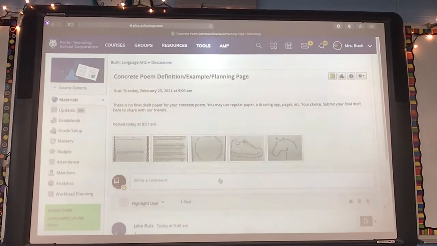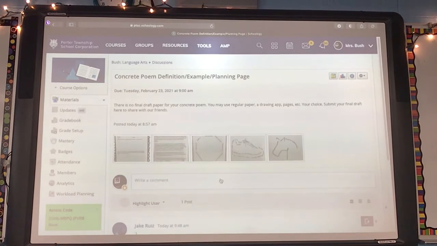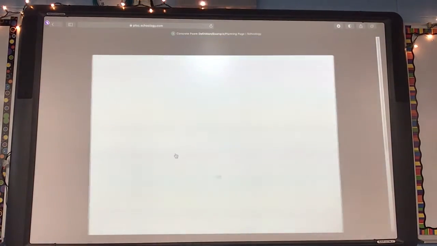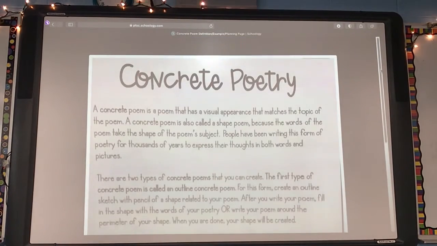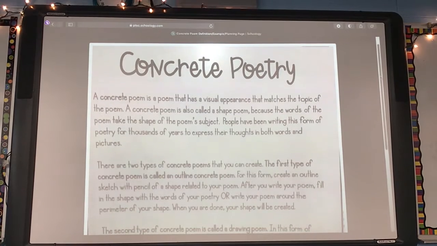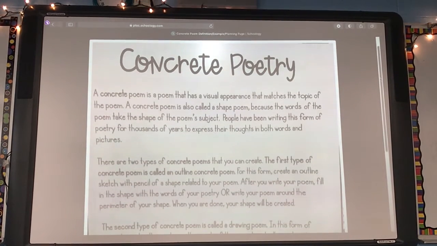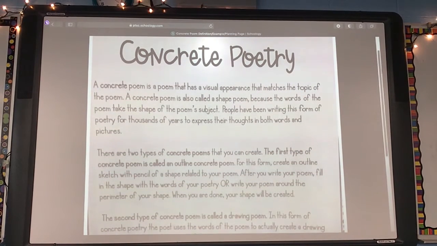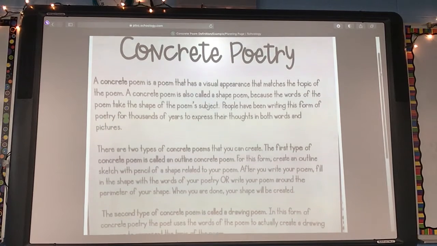I do not have final draft paper for your concrete poem online because you have lots of options with this type of poem. You can use a drawing app that you use with Mr. Boyer. You could use Pages, the writing app. You could use just blank paper, regular writing paper. It is your choice because this one's definitely going to have some artistic skills to it.